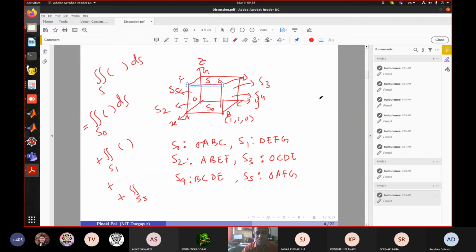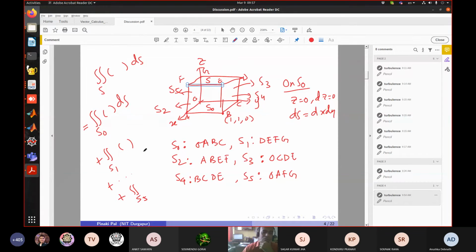Now on S0 there are some simplifications. We are on the XY plane and Z is equal to 0. Basically on S0, Z is equal to 0 and dz is also equal to 0. Z is not changing, and you will have only dx dy. Your ds will be equal to dx dy.